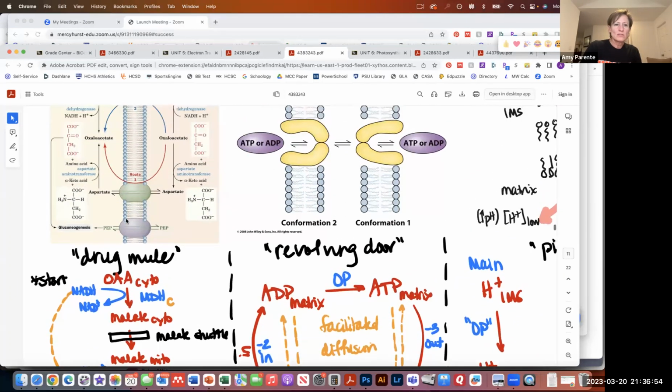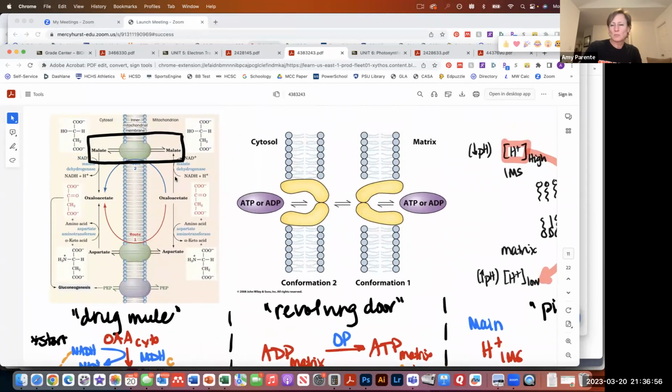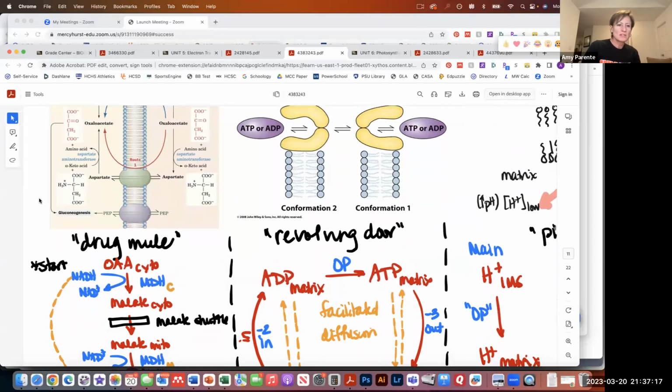We know that we've got a malate transporter. So malate goes across, delivering those electrons, and then we reverse this reaction, take malate and make it into oxaloacetate, NAD plus becomes NADH, and now the net is that we've got NADH inside the mitochondria in the matrix, where it needs to be. But that only needs to happen with NADH that's derived in the cytosol. With me?